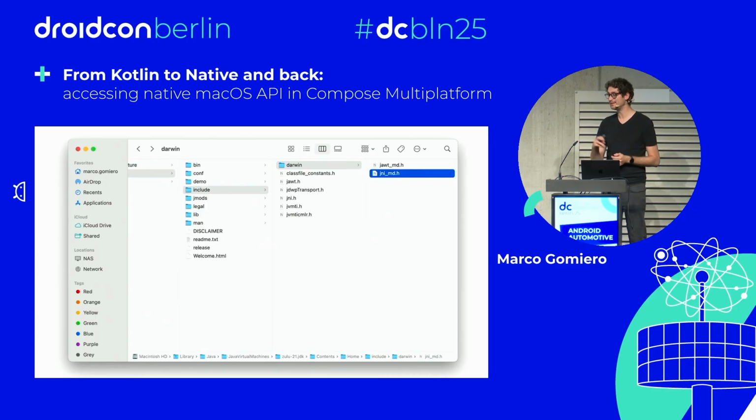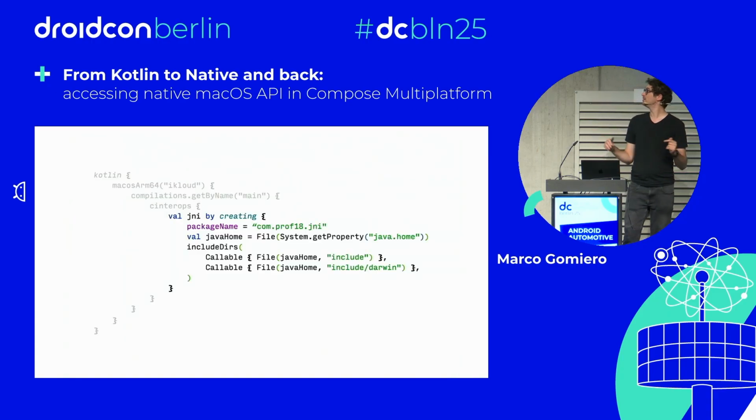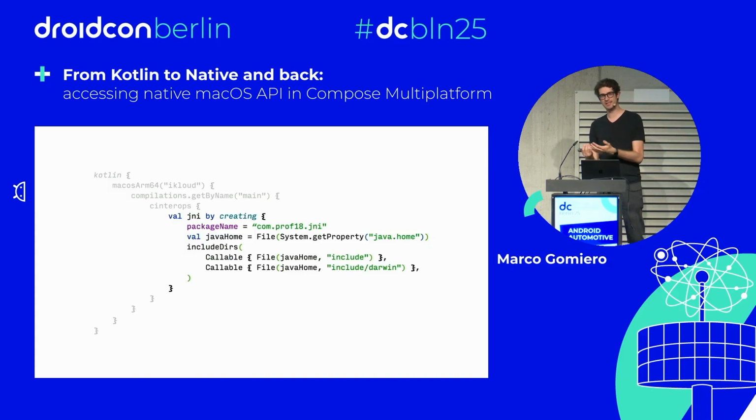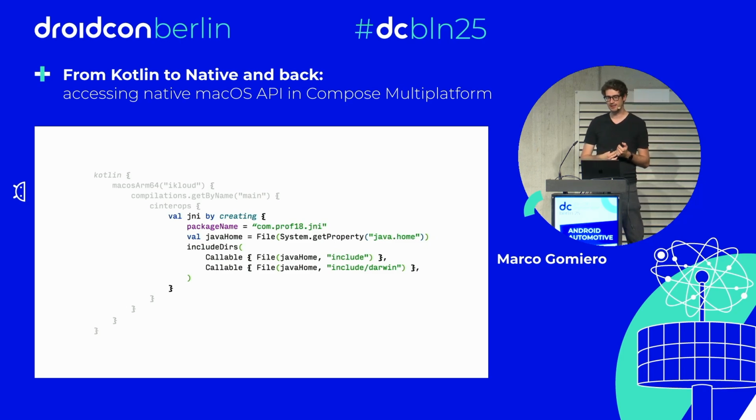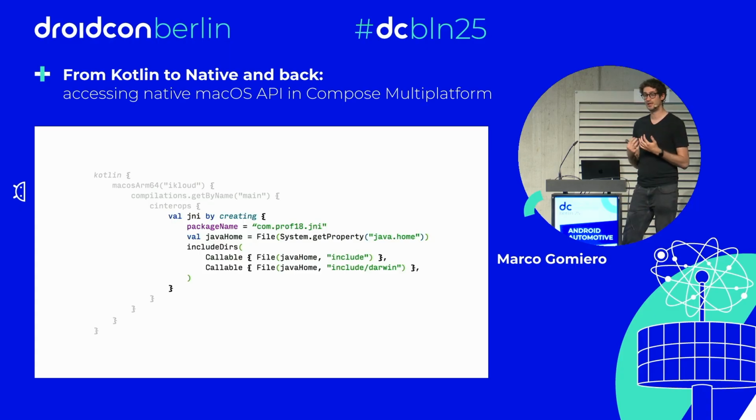And then you need another header, because the JNI header just includes another header. So you have to provide that as well. Otherwise, things won't work. OK, at this point, with the include dirs, we told Gradle where to find the thing. We can sync the project, maybe take a coffee, and then the bindings are generated automatically for you, and you can start using that in the code.